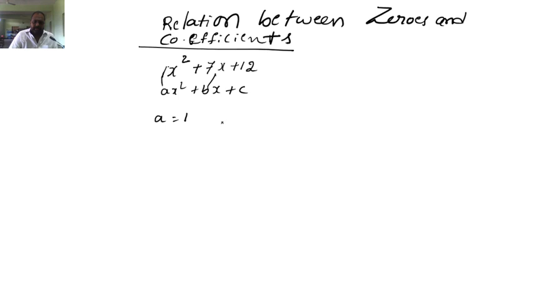B is equal to 7. C is equal to 12. A is equal to 1 because the x square coefficient is 1. There is no number, so you should take 1, and the x coefficient is 7. That means b. The constant term is 12.